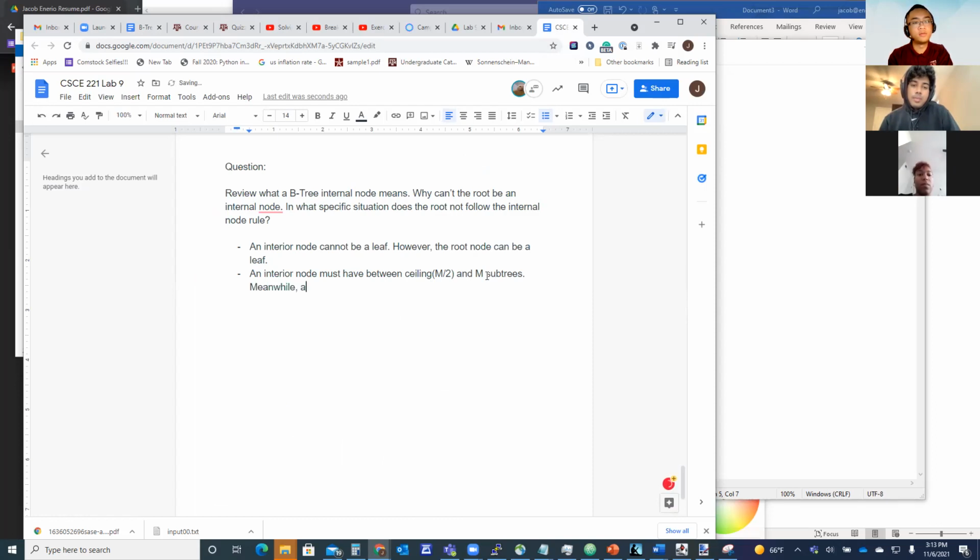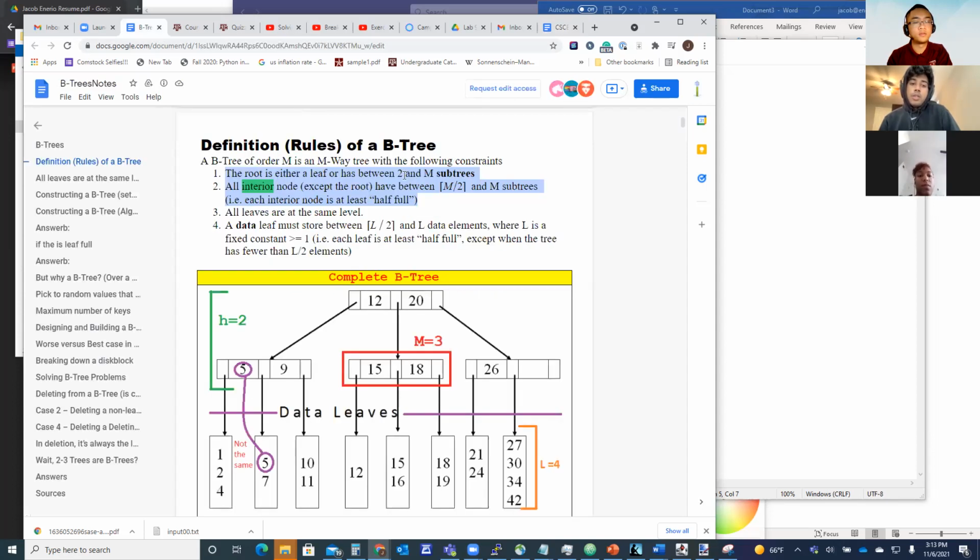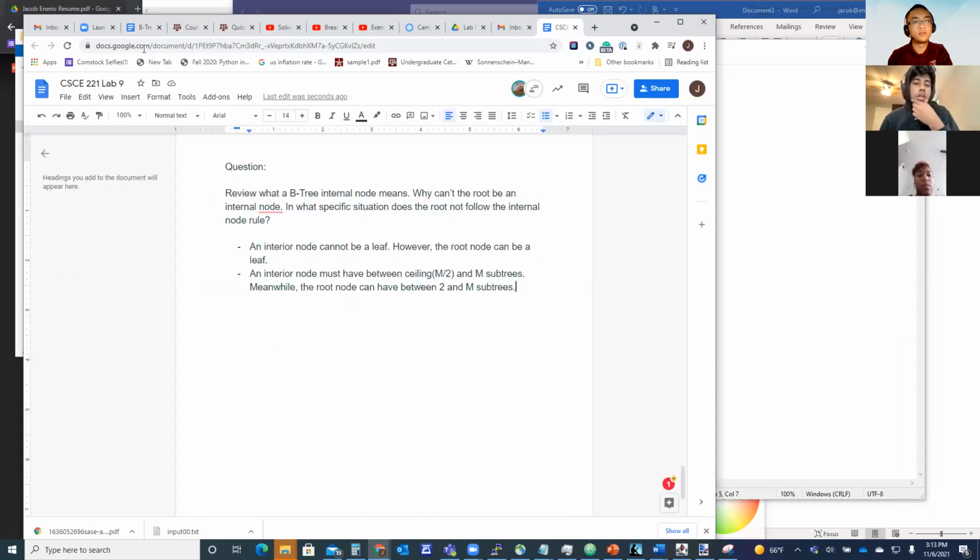Meanwhile, the root node can have between 2 and m subtrees, right? Well, it can have 0 subtrees too. Well, yeah, that too. Oh, but you mentioned the leaf above. Yeah, if the root's not a leaf. So yeah, I think that answers this question, right?